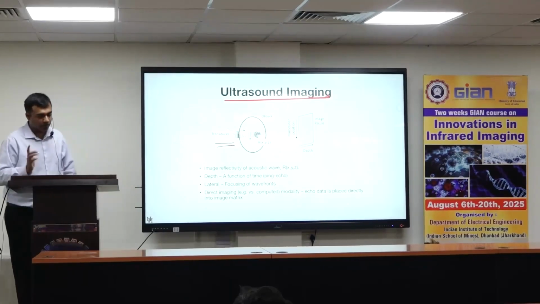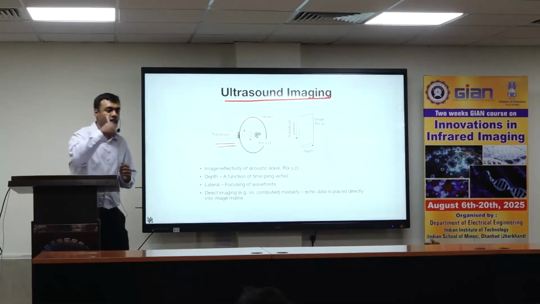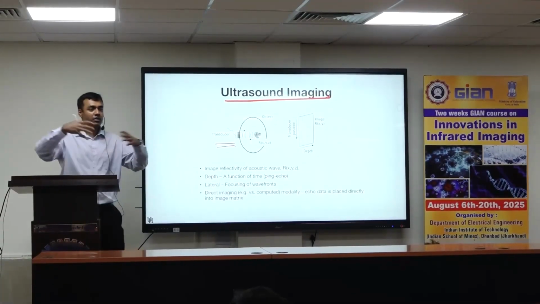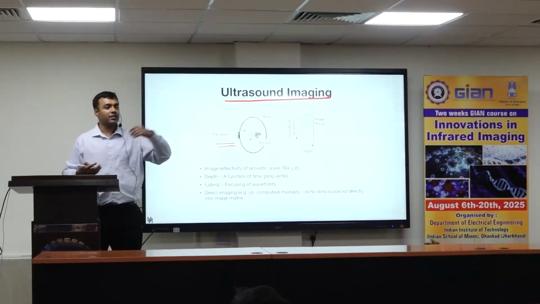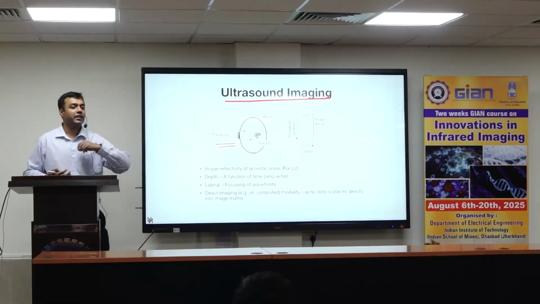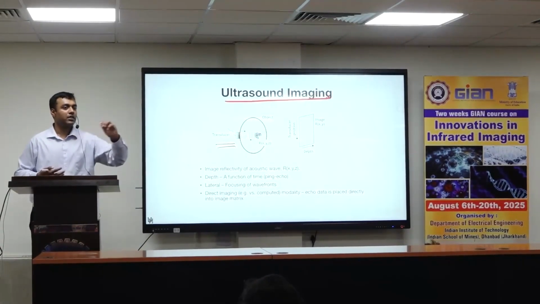So what you said, let me repeat that for those who didn't hear. They send out a pulse of sound waves, and it goes in different directions and reflects. If there is a surface, it reflects back, and they estimate the time it takes for the sound to come back.